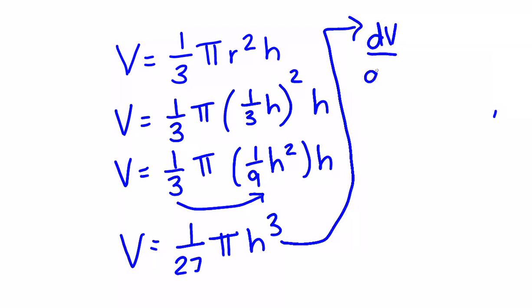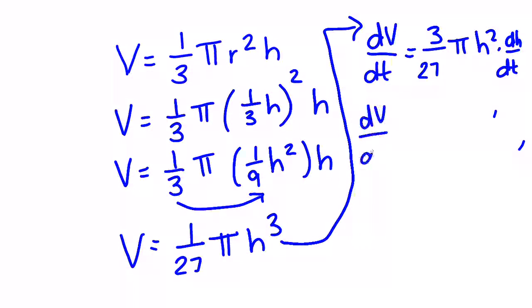dV over dt equals 3/27 pi H squared times dH over dt. dV over dt equals 1/9 times pi H squared times dH over dt.